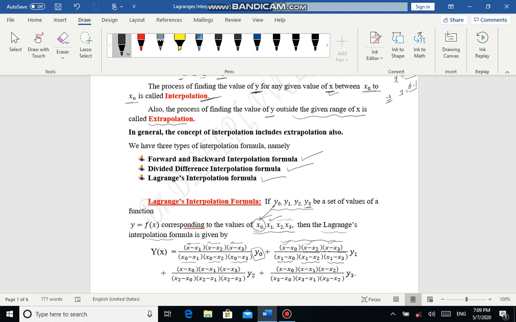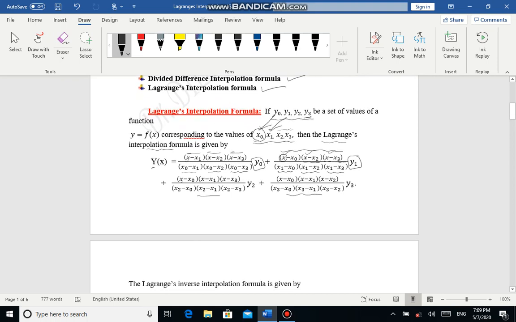And for x1, the corresponding value of y is y1. So I will multiply that here. Similarly, the third term and the fourth term. For example, if you have one more term, x4, y4, you will get another term. Okay, so this is your Lagrange's interpolation formula, where this x represents the point at which we are going to find y.